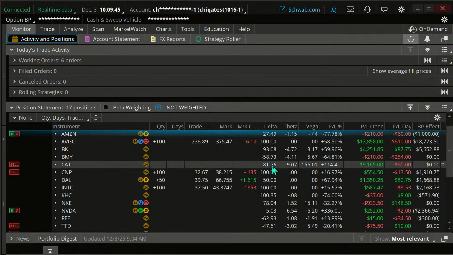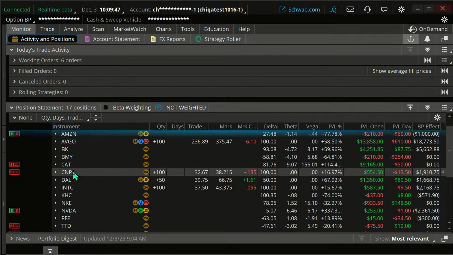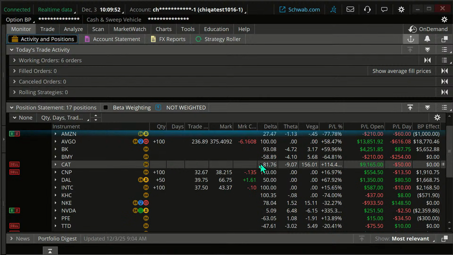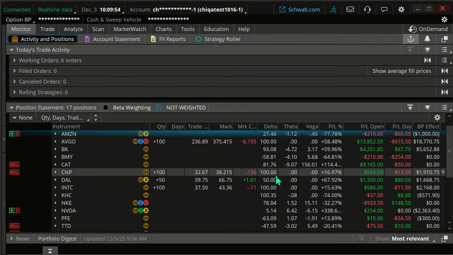Let's consider these two. Let's look at Caterpillar and let's look at CNP. Which is going to have the bigger impact on my portfolio right now? Caterpillar or CNP? Looking at this, you'd probably say, well, CNP is probably going to have a much more significant impact on my portfolio if you just went by this.